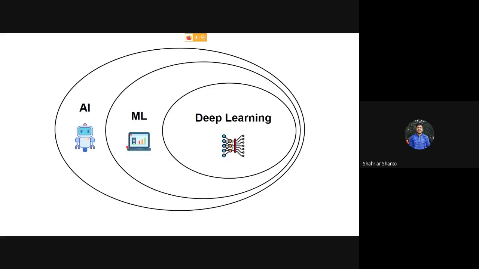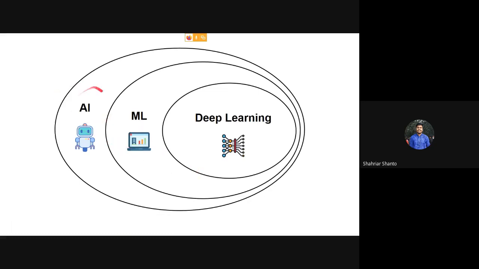And now I want to tell you about the distinction between AI, machine learning, and deep learning, because our paper of interest was using deep learning. So we have to understand the difference between machine learning, deep learning, and AI. This Venn diagram shows the relationships between them.